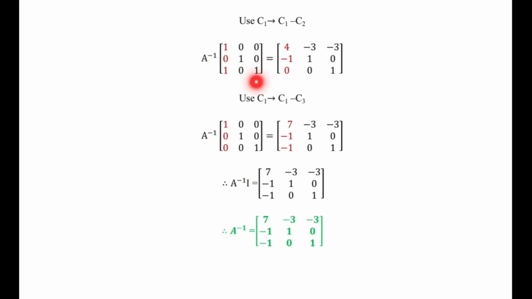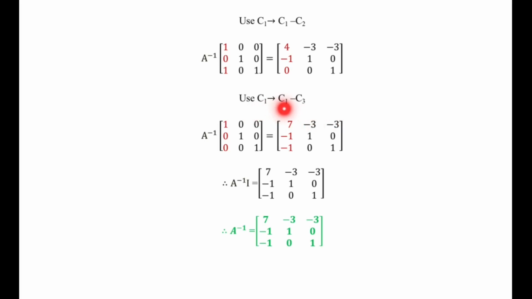Then we come to the last row and we reduce the last row from right to left in the form 1 0 0. So here we get 1, here we get 0. Now in place of A31, that means in place of this one, we require 0, so we use C1 changes to C1 minus C3.